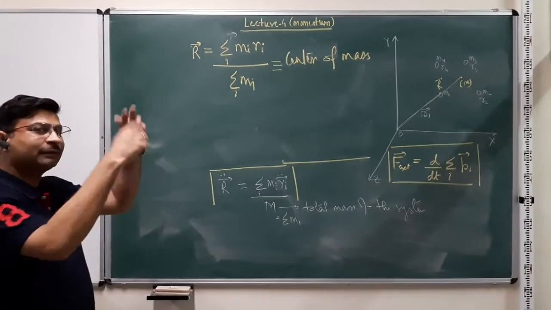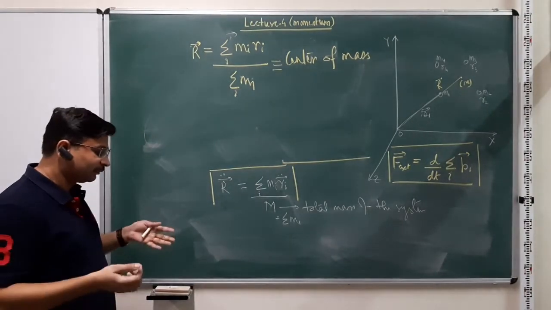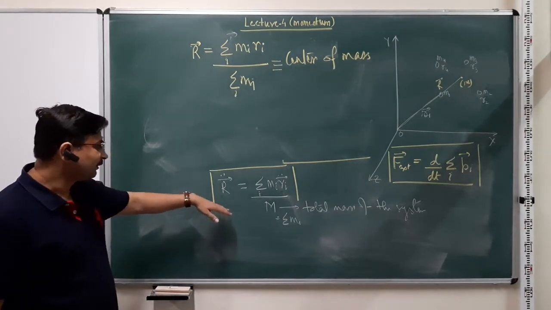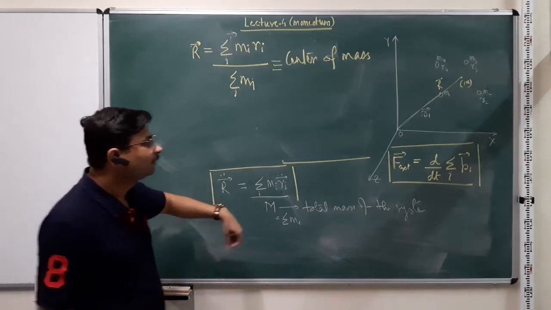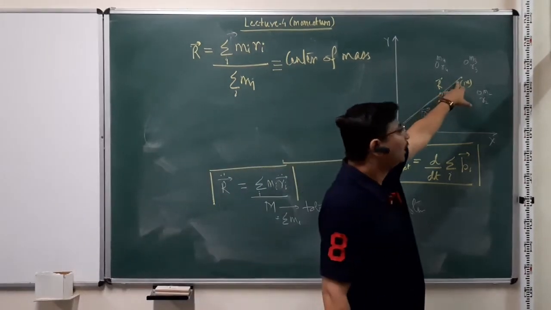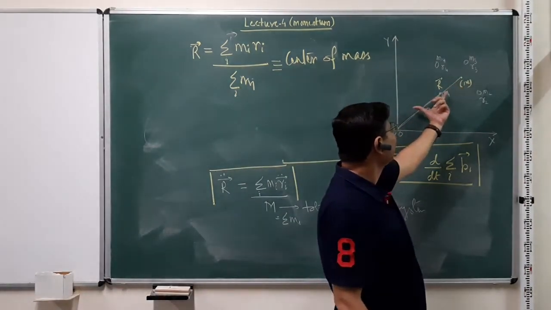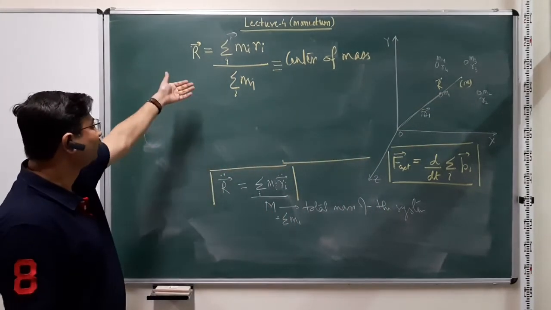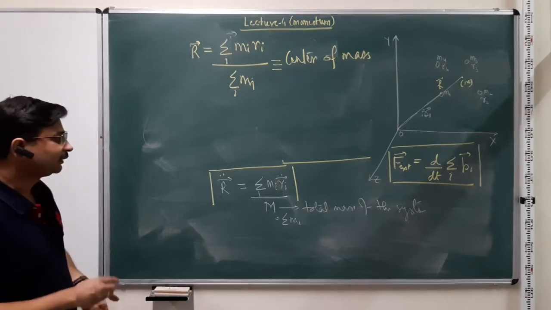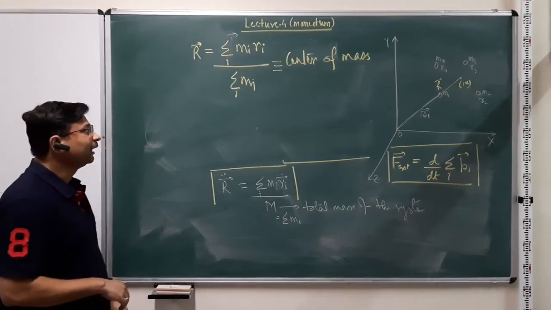So a system of particles or an extended object, as far as the effect of external force on it is concerned, is reduced to a point particle with coordinate vector R and total mass M, and as we have shown, the force equation remains exactly as it is.